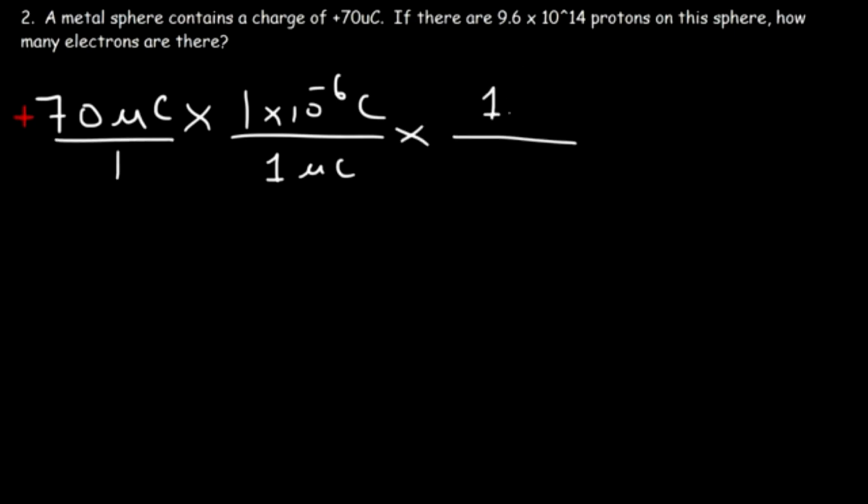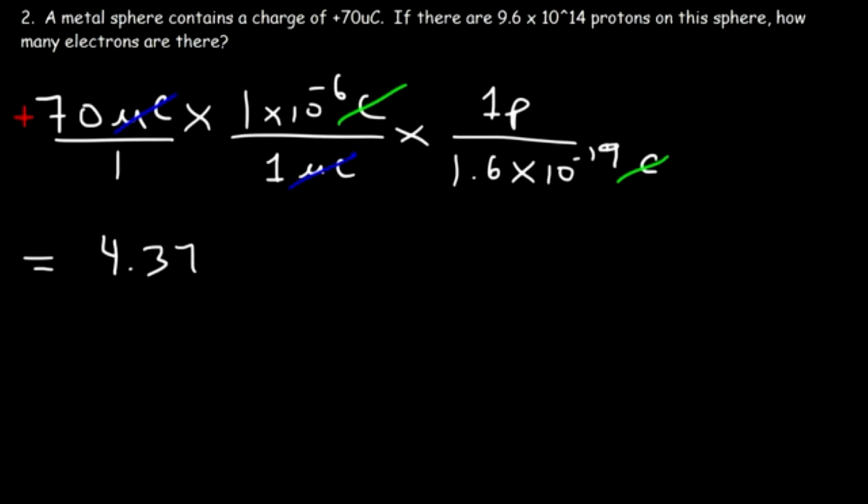And 1 proton has a charge of 1.6 times 10 to the negative 19 coulombs. So notice that the unit microcoulombs will cancel and the unit coulombs will cancel. So you should get 4.375 times 10 to the 14 protons.